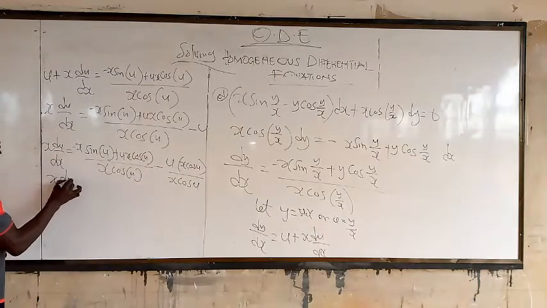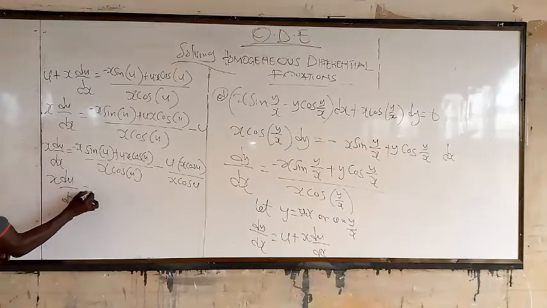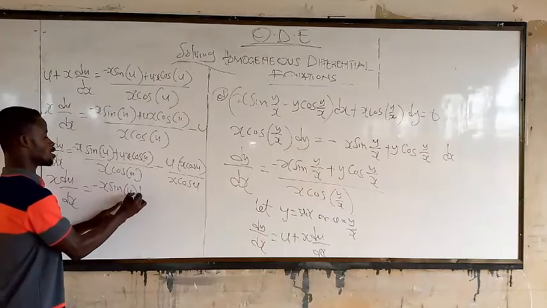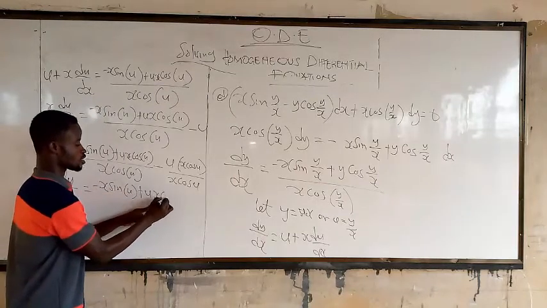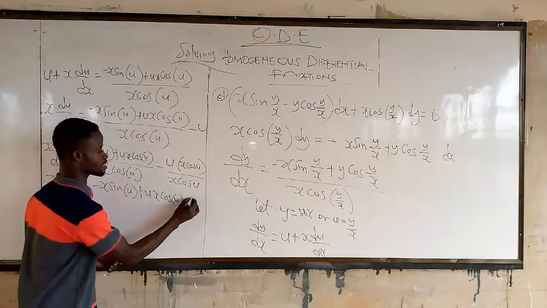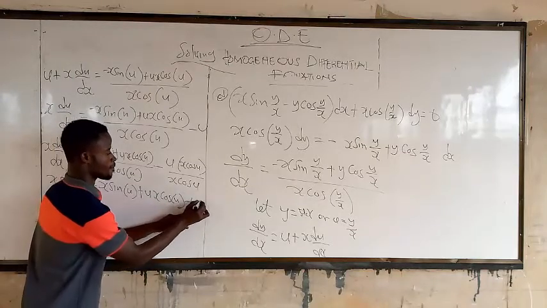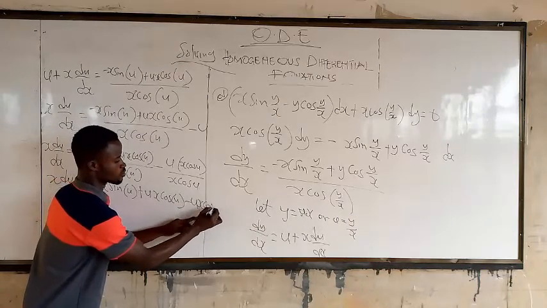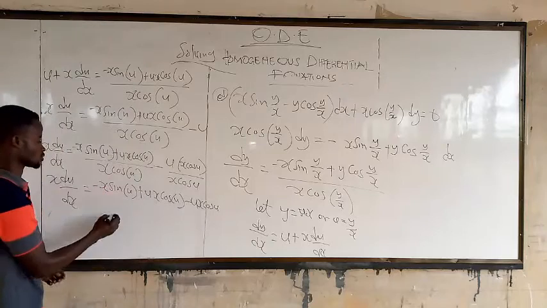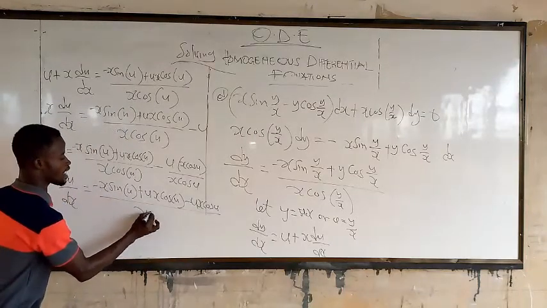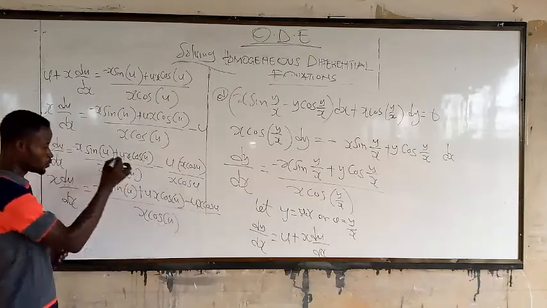So x du/dx is equal to negative x sin u plus ux cos u minus ux cos u, all this over x cos u.